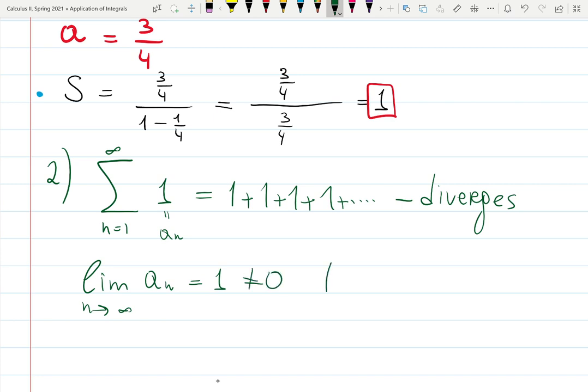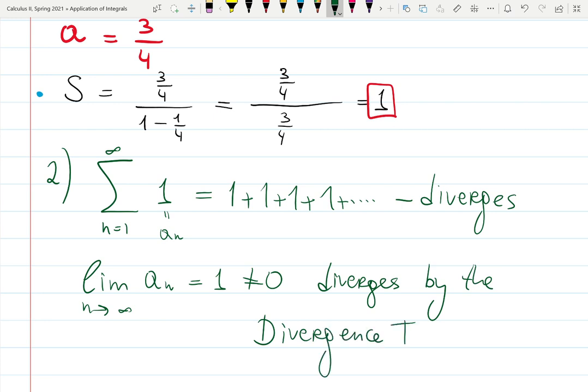So this series diverges, either because it makes sense or by the divergence test. The divergence test says that at least at infinity a sub n should be 0. That's the minimum requirement in order for a series not to blow up. But the limit gives me 1, so no way this series converges.